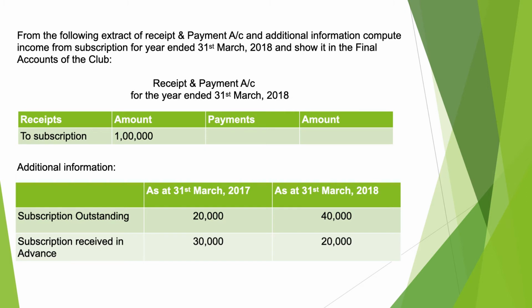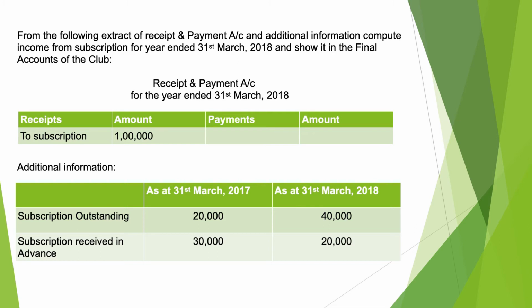In this, we will be adding outstanding subscription of the current year, that is 40,000, and subscription received in advance in previous year for current year, that is 30,000. So 40,000 and 30,000 will be added, and outstanding subscription of previous year, that is 20,000, will be deducted, and subscription received in advance in current year for future year, that is 20,000, will be deducted.